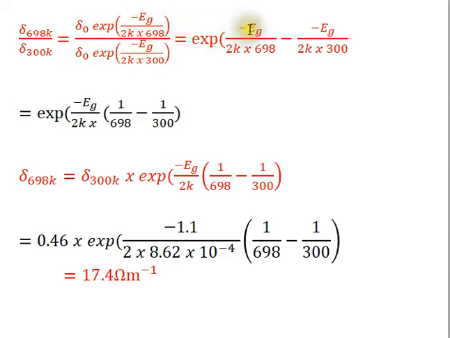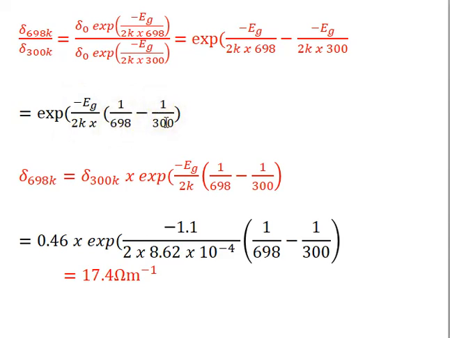So I will say now minus Eg all over 2k times 698 minus that of the denominator, which is minus Eg all over 2k times 300, which is our initial temperature. Now if you do that, you can see minus Eg is common, and 2k at the denominator is also common. I factorize them out. I will be left with exponential minus Eg all over 2k now times this much, that is 1 over 698 minus 1 over 300.